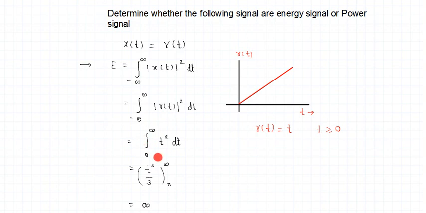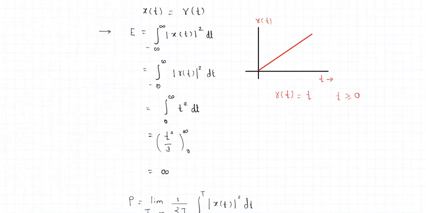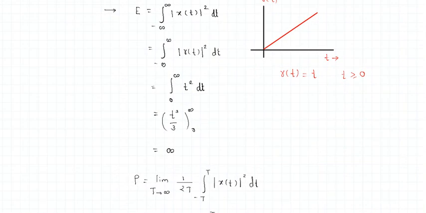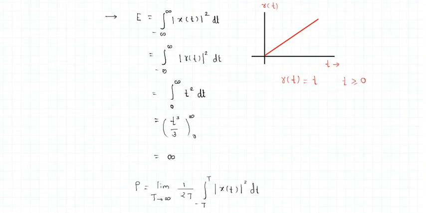The integration of t square is t cube by 3, with the limits 0 to infinity. When you put the upper limit, you get infinity, and when you put the lower limit, you get 0. So infinity minus 0 is nothing but infinity. So the energy value of the ramp signal is infinity.